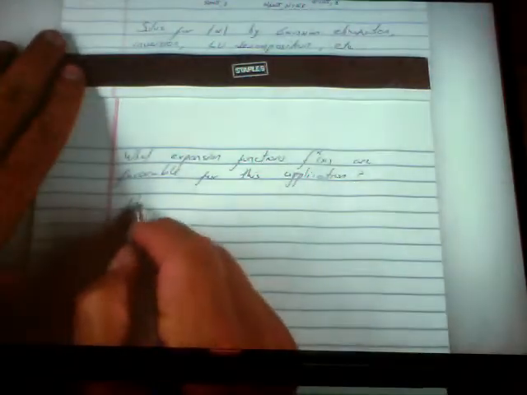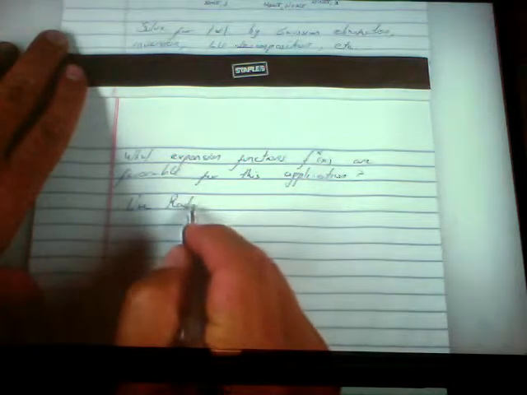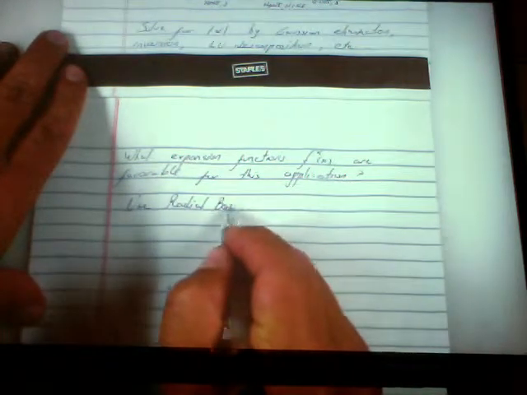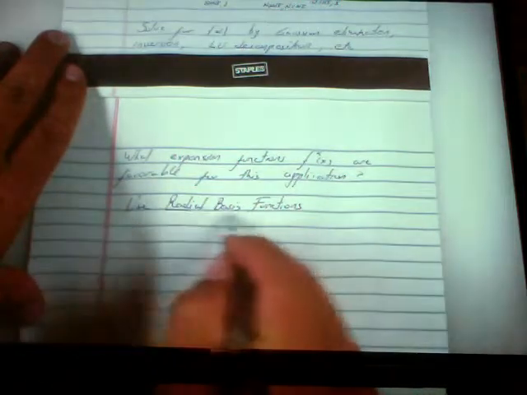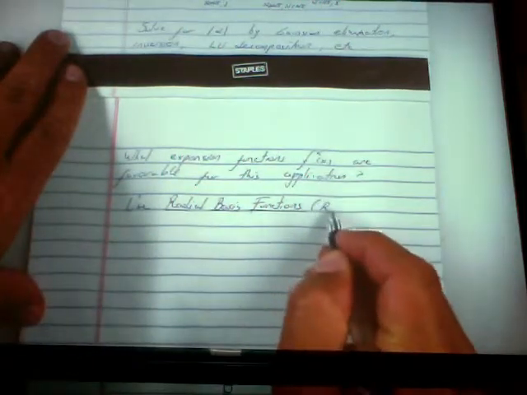All right, so what we do is select, use radial basis functions. These are very famous, very popular, very powerful functions that are used anywhere.